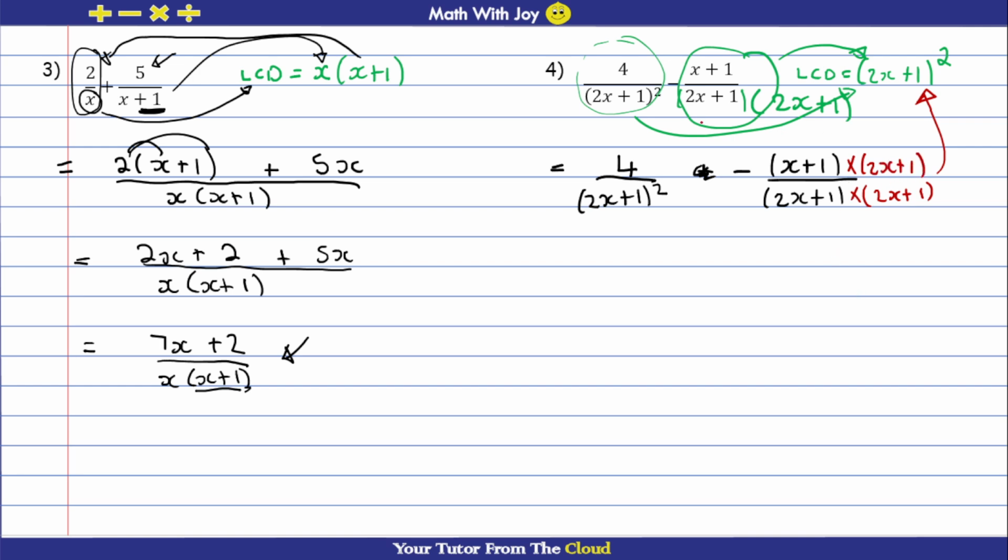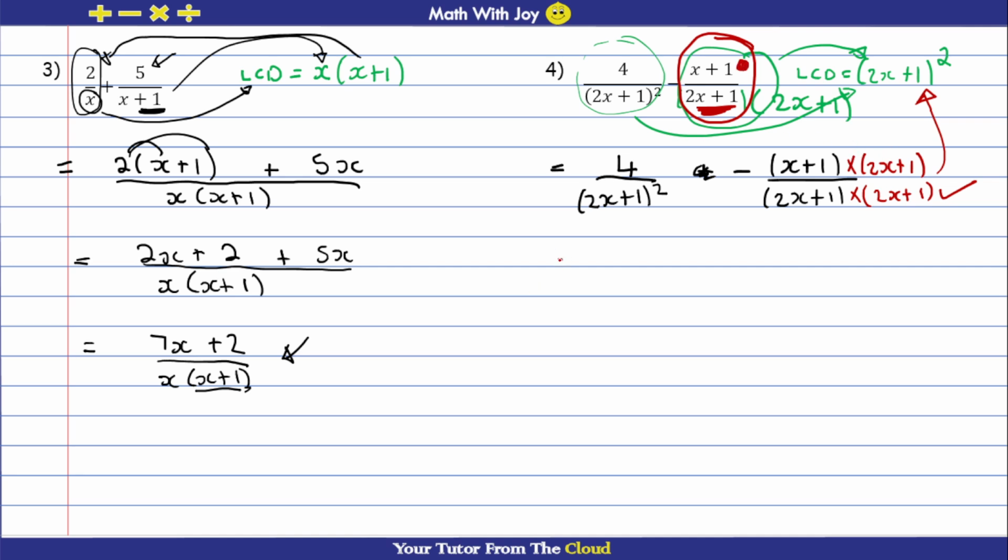I tell you that you have to check that this term's denominator still needs to be multiplied by the bracket 2x plus 1. So we know that it still has to be multiplied by that. What you actually have to concentrate on is multiplying the numerator by that bracket.